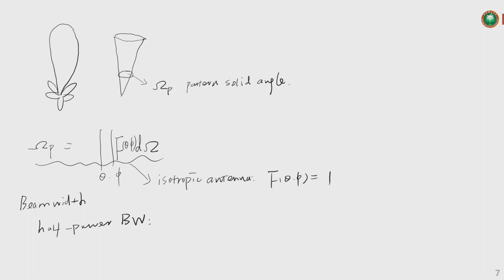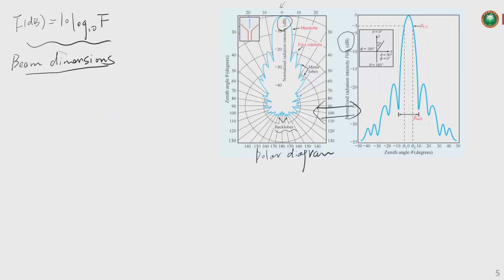So when we come back to this plot, in the decibel scale, half power means the power is reduced by 3 dB. So from the normalized pattern, the maximum should be 0 and it comes to minus 3 dB.